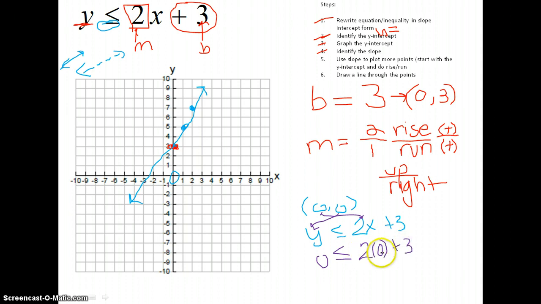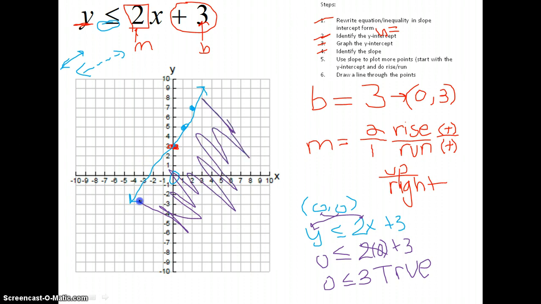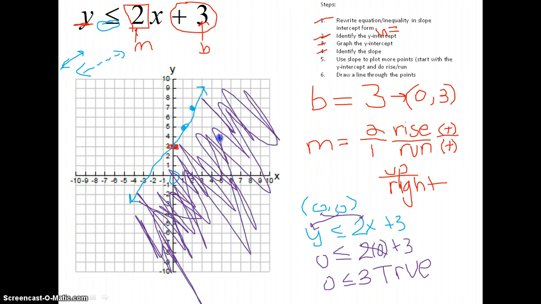Well, what's 2 times 0? It is 0, so that cancels, and so I'm left with 0 is less than or equal to 3. Is that a true statement? Yes, it is true. So since that is a true statement, I would shade all of this down here, because that is a true statement.